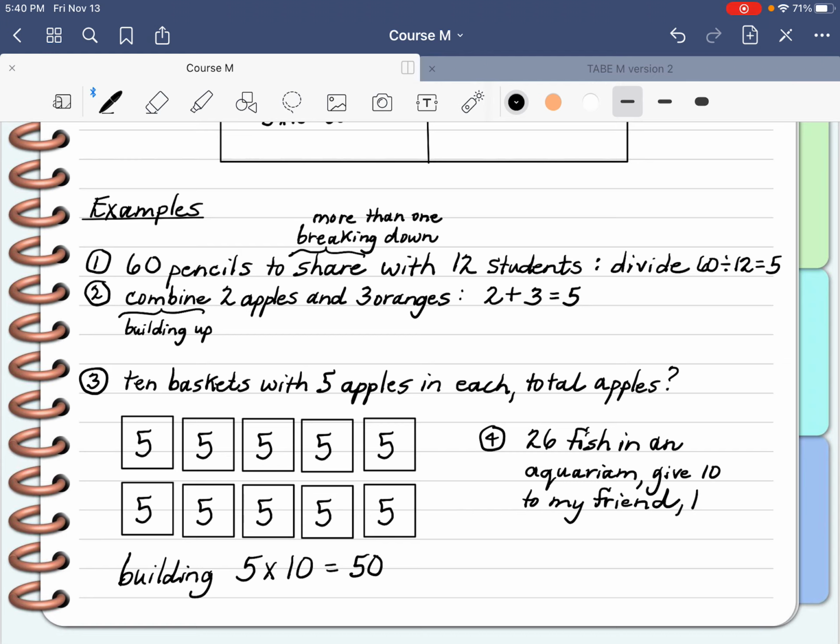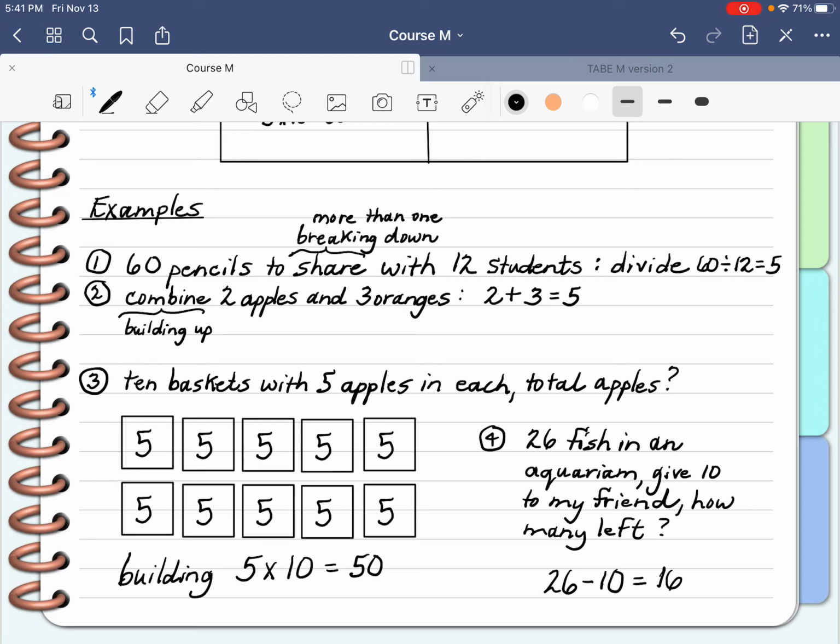How many fish are left? So am I building up or am I breaking down? I'm breaking down. I'm taking my 26 fish, I'm giving 10 away, but I'm only doing it one time. I'm not doing it over and over again. So 26 minus 10 is 16 fish left.